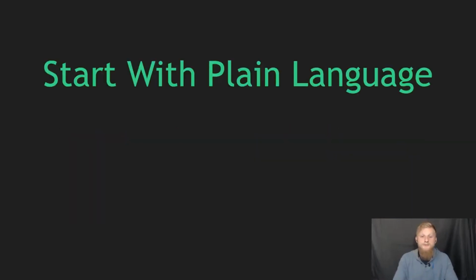So, simply put, we start with: what is the process? We start with a plain language description, or descriptions, plural, of the application or a specific feature of the application.